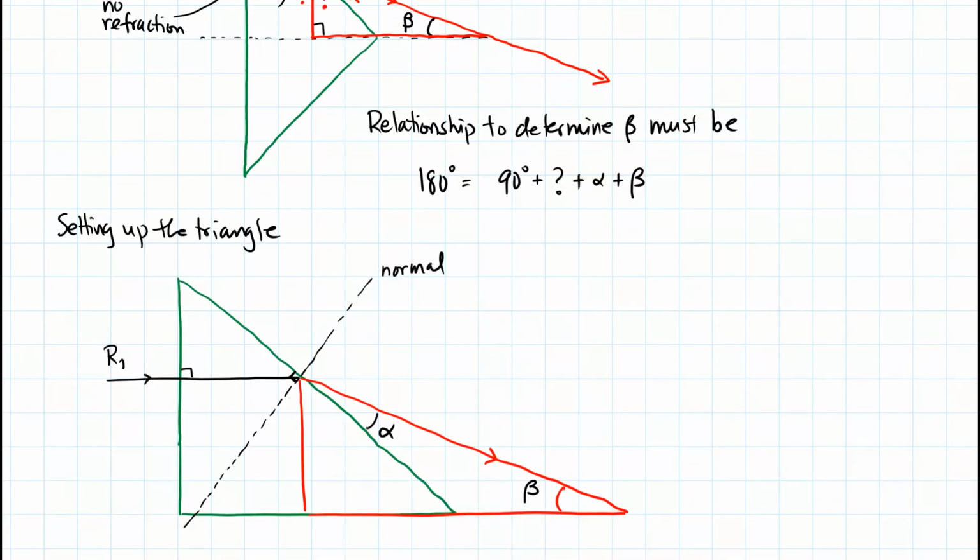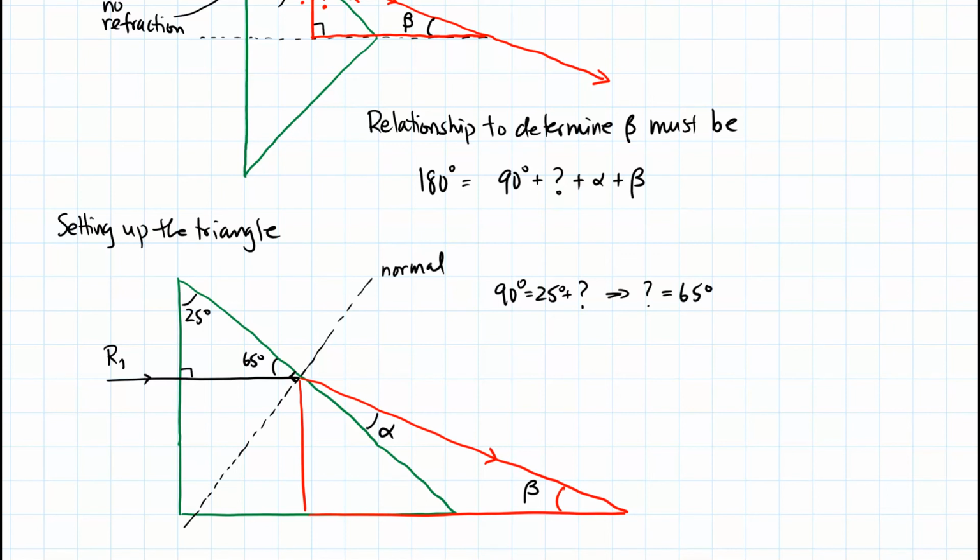We are given that the first angle here must be 25 degrees. Since the sum of all these angles must be 180, and I know that this is 90, that means that the sum of this angle and that angle must be 90. In other words, I know that 90 degrees plus this mystery angle tells me that this mystery angle must be 65 degrees. So I can write this as 65 degrees.